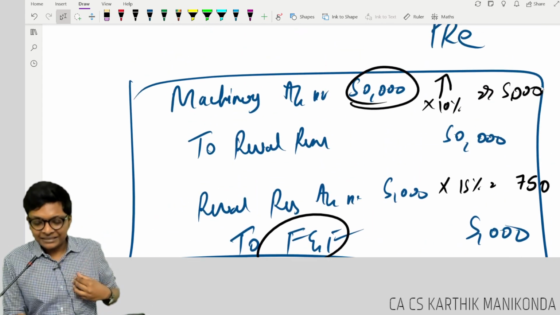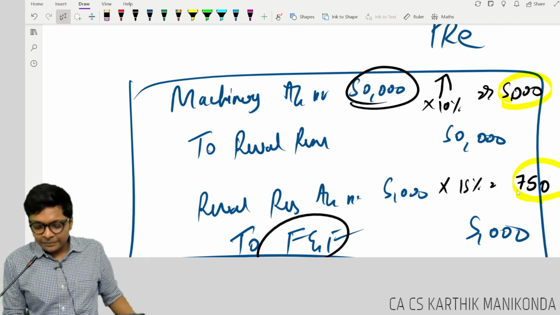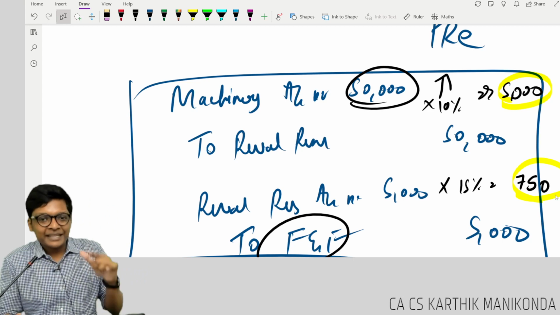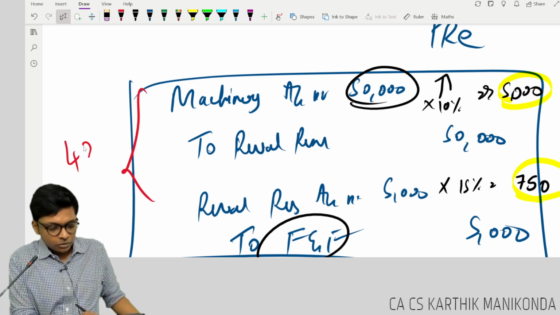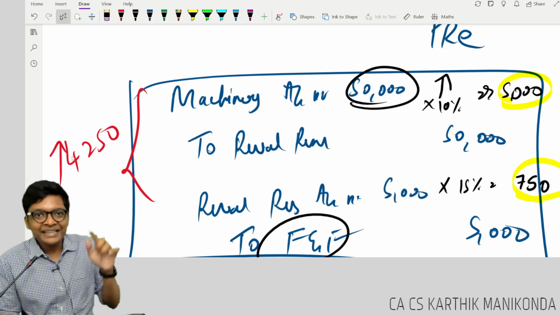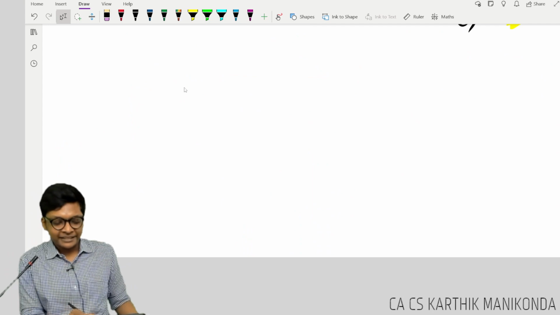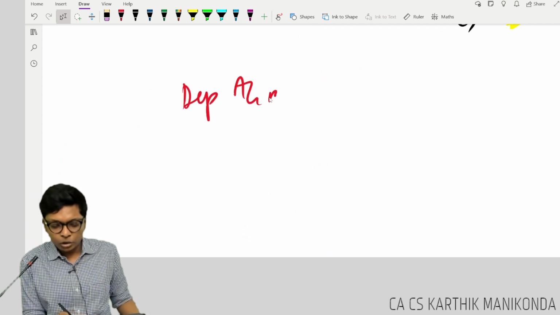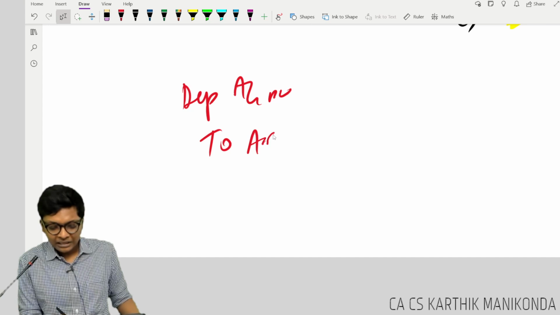So in one place depreciation increased by 5,000, in the other place depreciation decreased by 750. What is the net impact? 4,250 higher depreciation, correct? So what is the entry for depreciation, guys? Depreciation account debit to respective asset.